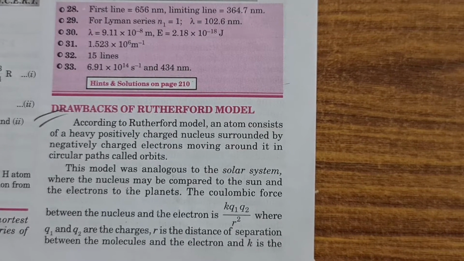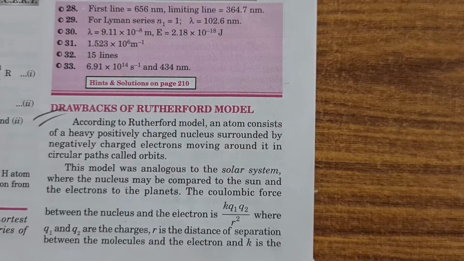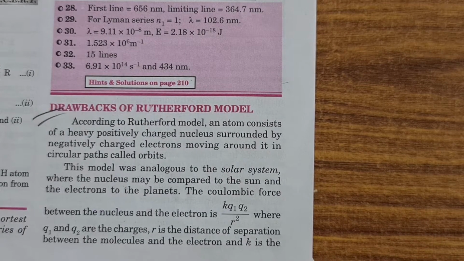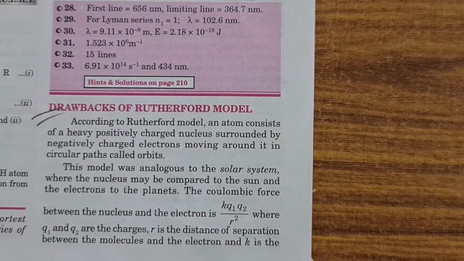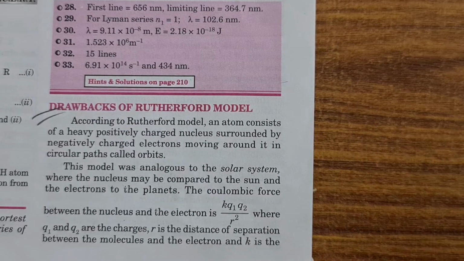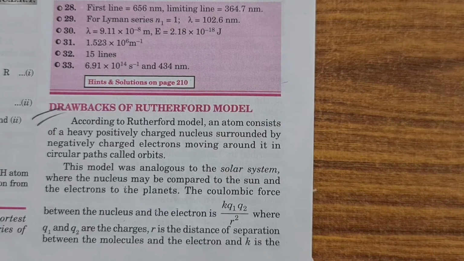So Maxwell came out with a very important observation which discarded the Rutherford model. Maxwell gave an assumption. He said, if electrons are revolving around the nucleus, then they must be losing energy, and that energy must be getting lost in the form of electromagnetic radiations.